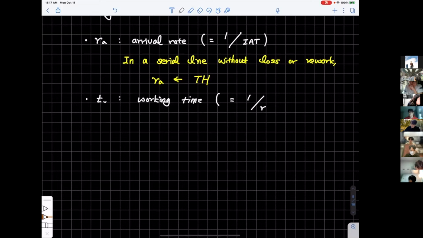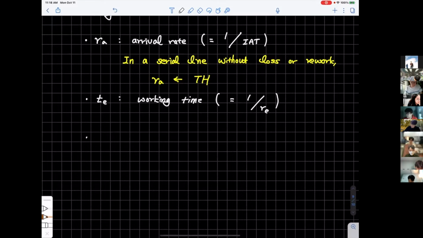This is the reciprocal number of the rate. Always the rate and time have a reciprocal relation, please remember.